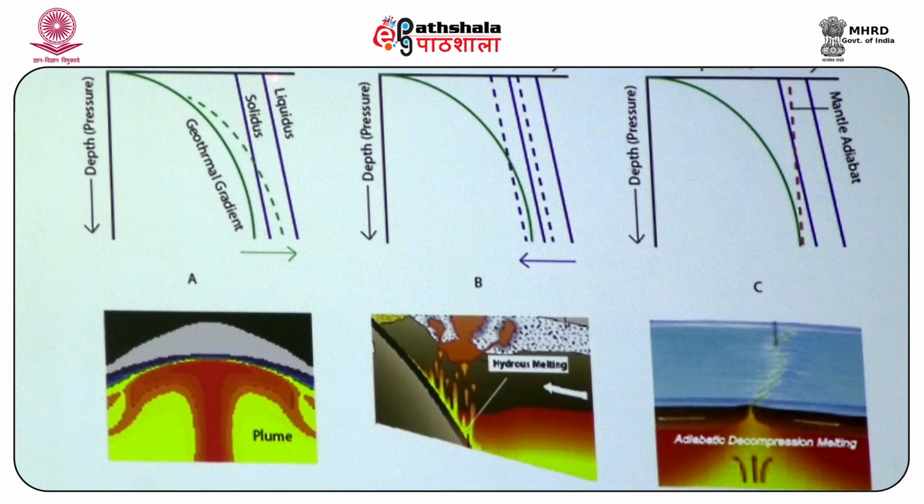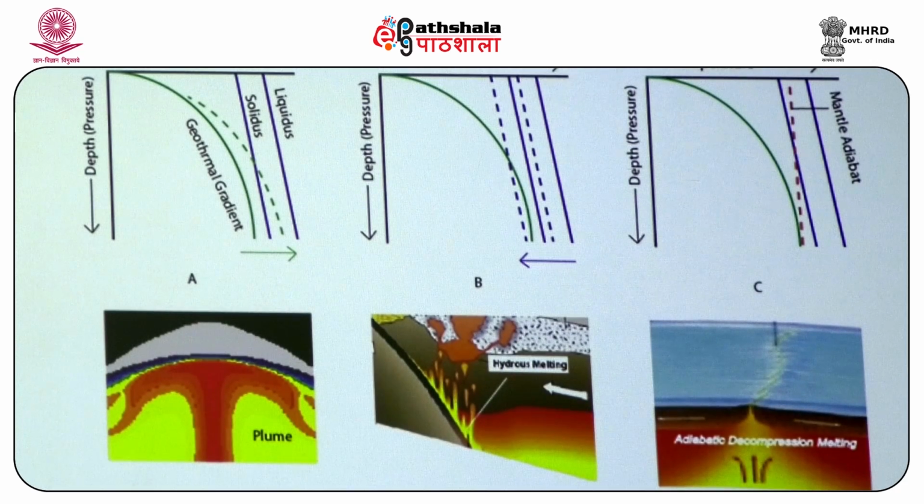As you can see, this is the temperature increase and this is the depth increase. What we see here is something called solidus and liquidus. This is the geotherm which I had shown you before. When you bring this hot material, the geotherm is pushed towards the right, it becomes heated up, and it interacts with the solidus, and then the melting occurs.